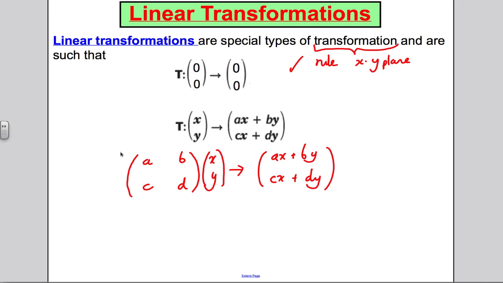Okay, just by the way matrix multiplication works. So therefore, any linear transformation that when you put x, y in, you get this back out, this is equivalent to a matrix multiplication.